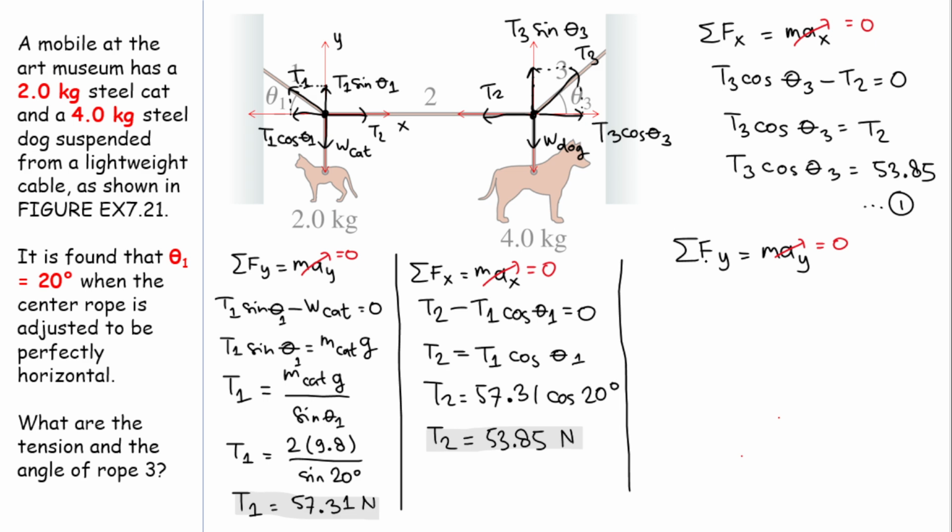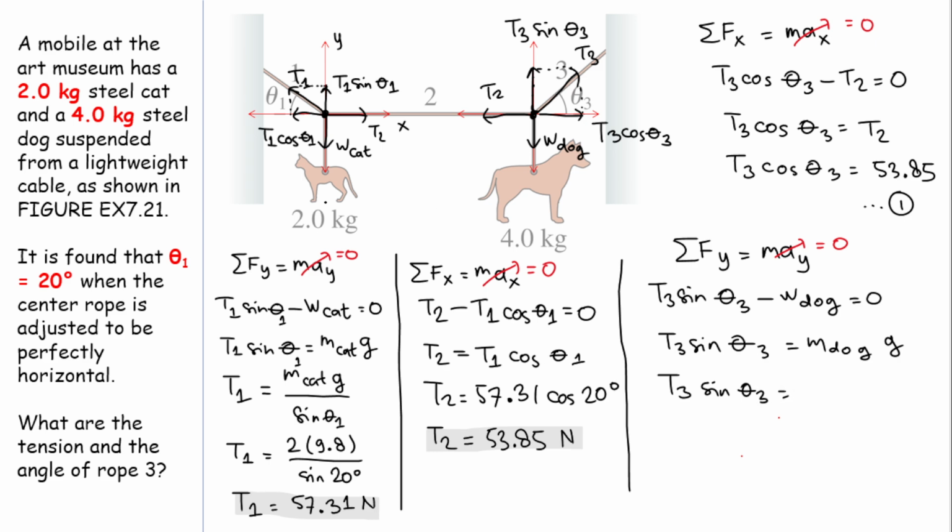And then for the sum of the forces, we will have T3 sine of theta 3 in the positive direction, and on the negative one we will have the weight of the dog, and that will equal 0. And so we can isolate T3 sine of theta 3, and that will equal the mass of the dog multiplied by g.